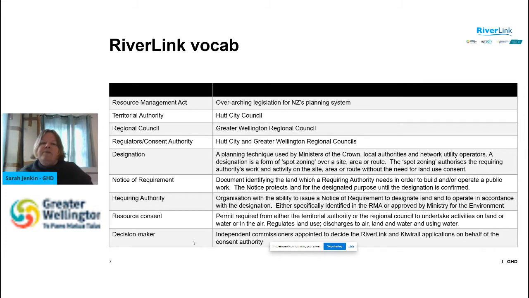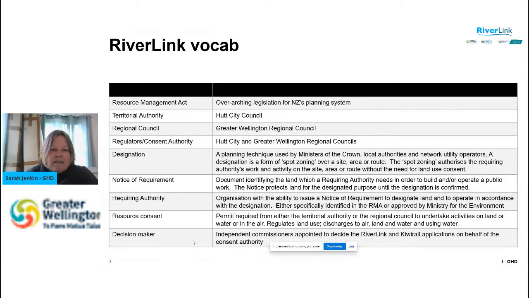The regional councils, so in this case, Greater Wellington Regional Council, sit above the territorial authorities. You'll have multiple city and district councils within one region. So in Wellington, the Greater Wellington region extends into the Wairarapa, up the coast a bit, and the councils around Te Whanganui-a-Tara, the Wellington Harbour.